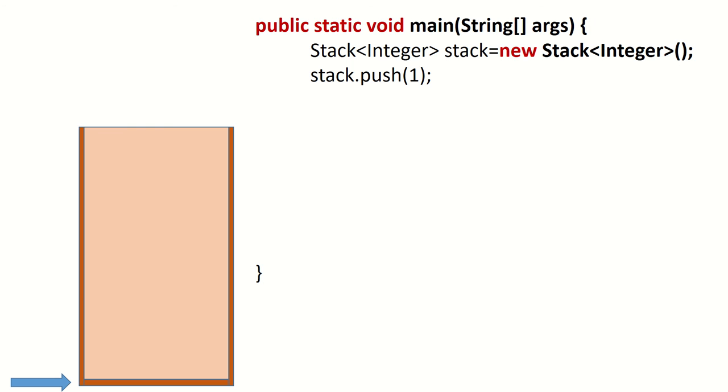We have created its object, and on the stack object we are calling the push method. To the push method we are passing 1. So 1 will be inserted in this stack after the execution of this step, and the top pointer will point to 1 because this is the last inserted element as of now.